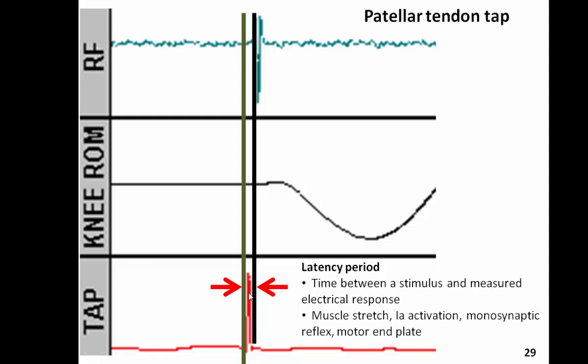So during this period of time, the muscle is being stretched, the sensory neurons are activated, we have a reflex in the spinal cord, which results in motor end plate action potentials, and eventually muscle fiber action potentials. And notice that the EMG signal will decay and come back to baseline levels, and there isn't even any movement of the leg into knee extension.